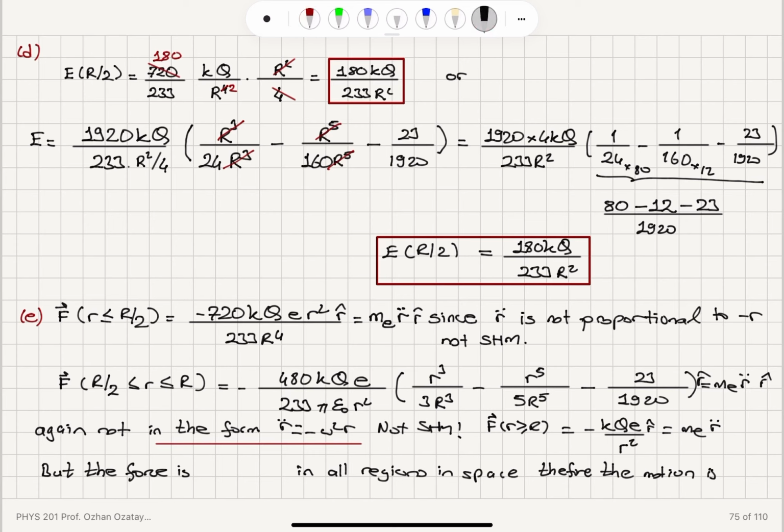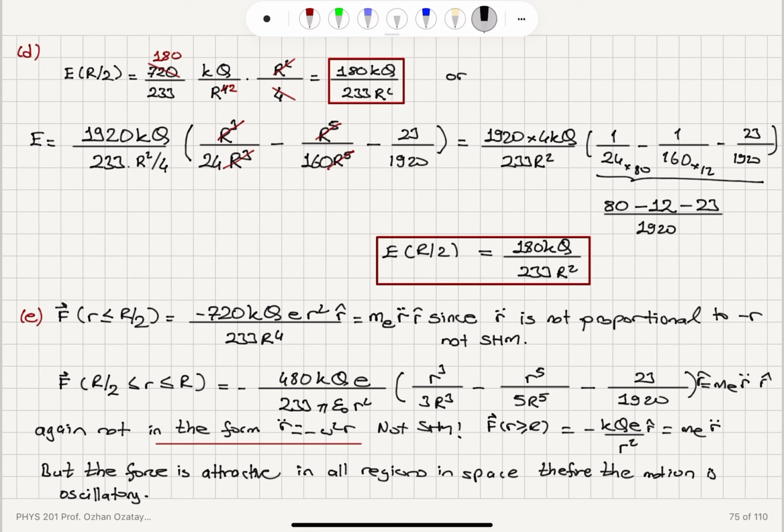But I see that the force is attractive. It is attractive in all regions of space. Therefore, the motion must be oscillatory. Because wherever the electron travels in these three regions, it is again going to feel an attractive force.